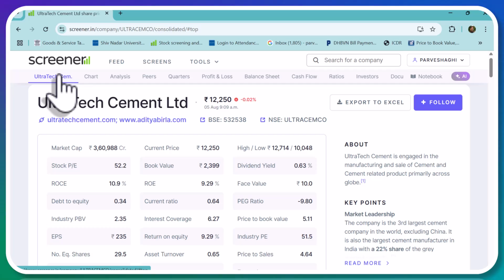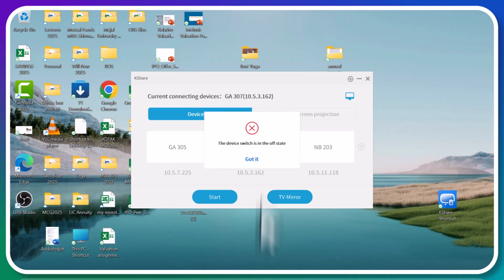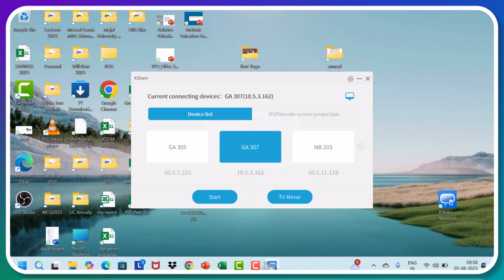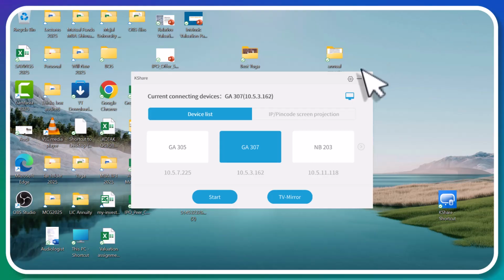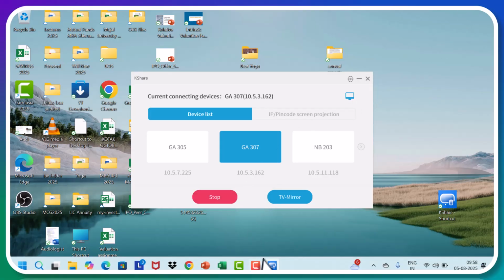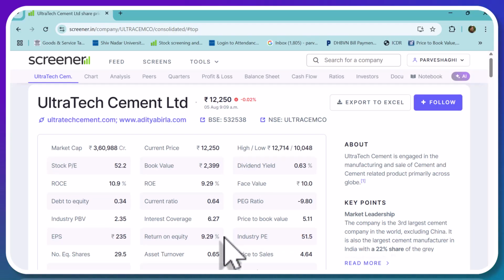So the average is 25, and Ultratech is a very good student. It's getting 50. So Ultratech is trading at a PE multiple of 50.